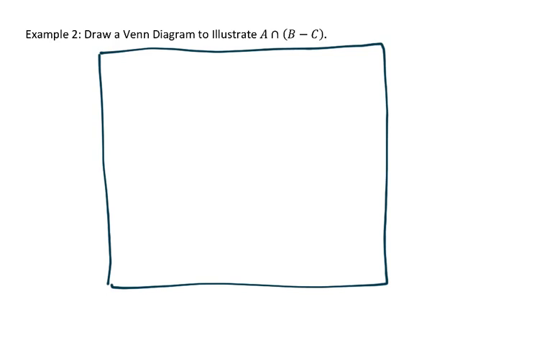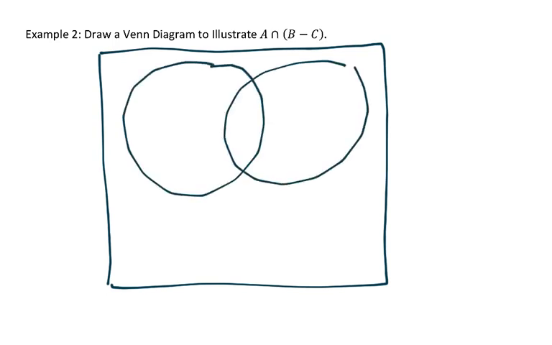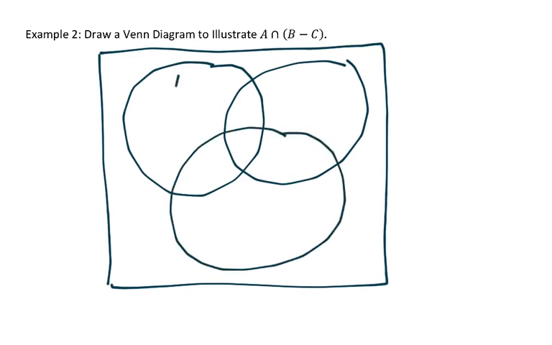And so we would have a set A, a set B, and a set C. Now, like in all the rest of mathematics, parentheses means do this first. B minus C, that's a relative complement. It means all elements of B that are not in C. Let's write those like this maybe.